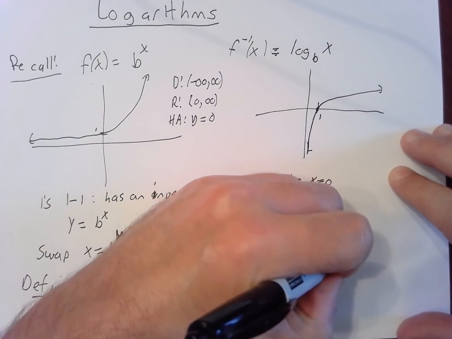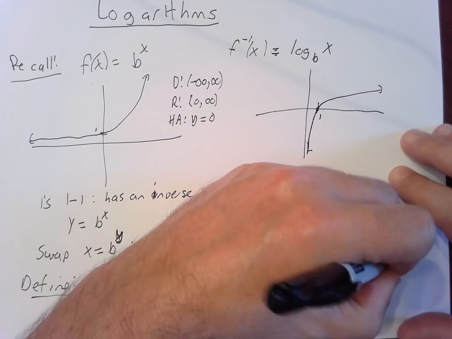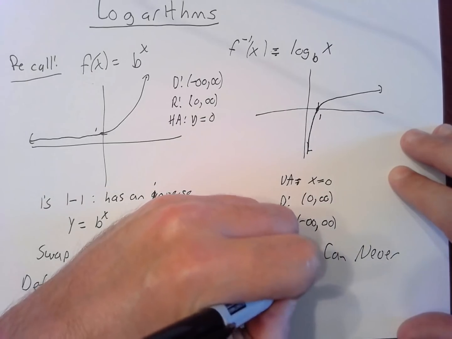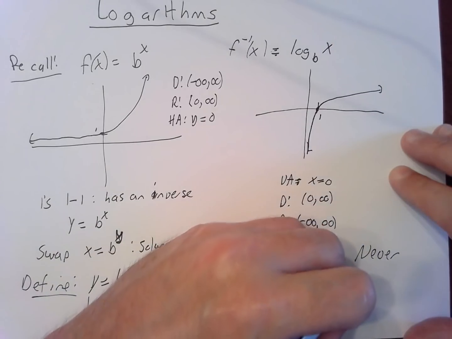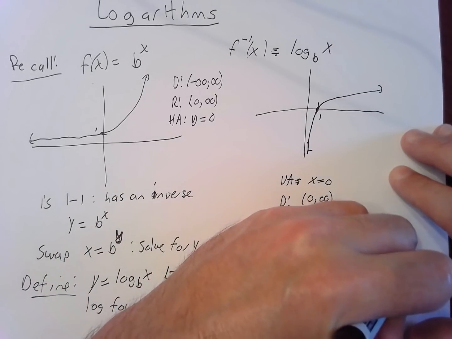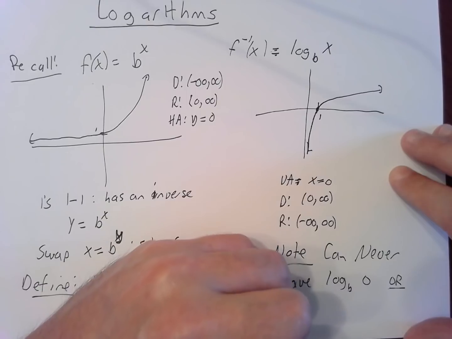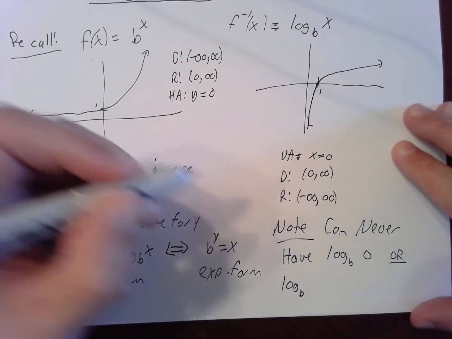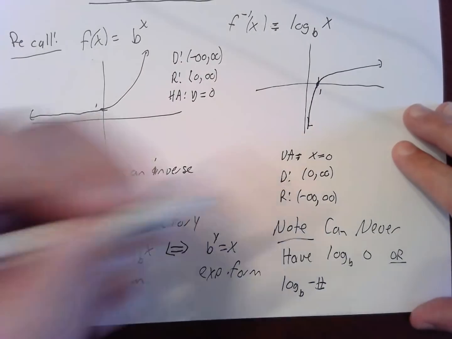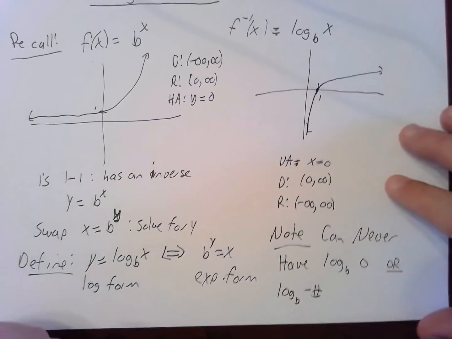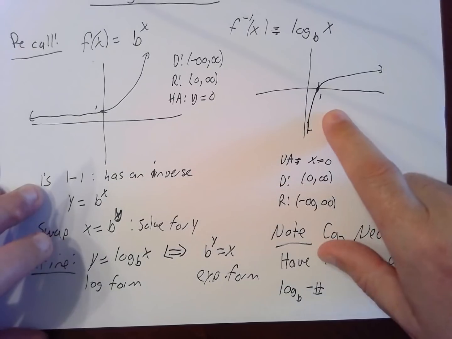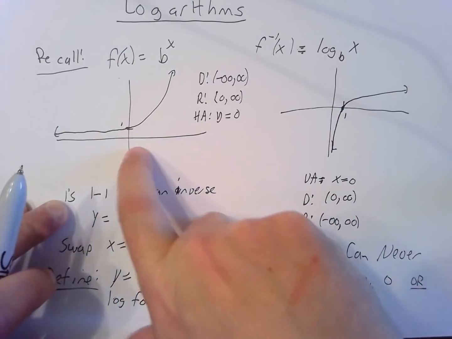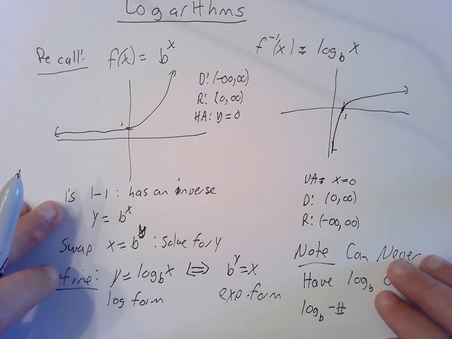You can never have log any base of 0 or log any base of a negative number. You can't do logs of 0, can't do logs of negatives because they're not in the domain of the function, because they're not in the range of the basic exponential.